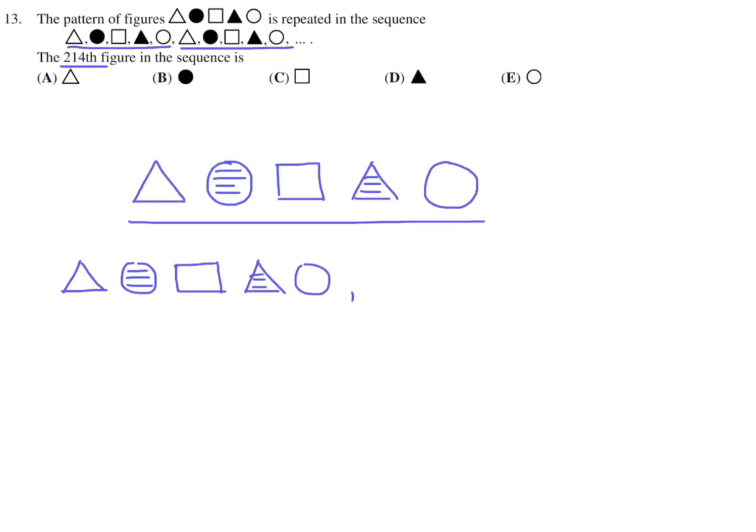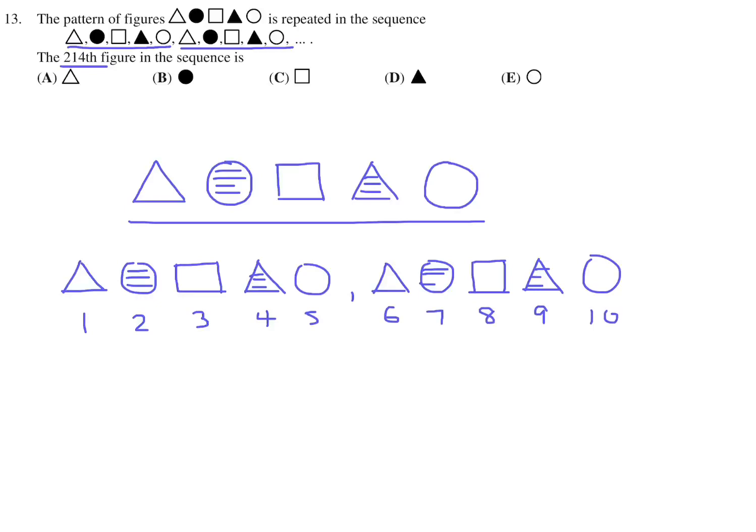So I'll just draw 2 of these series. So like that. Just like what they gave us. So you notice this is the first, this is the second, this is the fourth, this is the fifth, and so on. 6, 7, 8, 9, 10, like that. So every time we have a multiple of 5, it's going to be the empty circle.